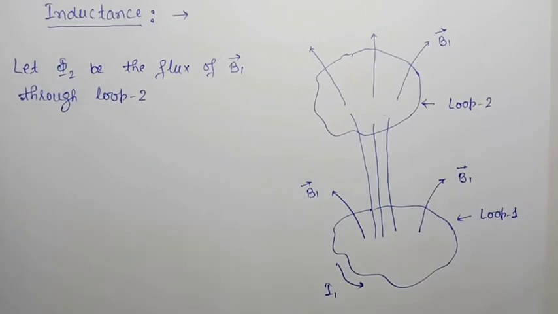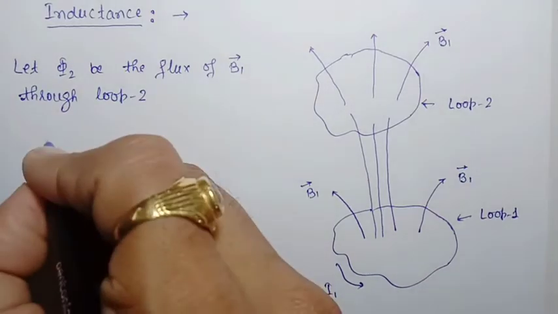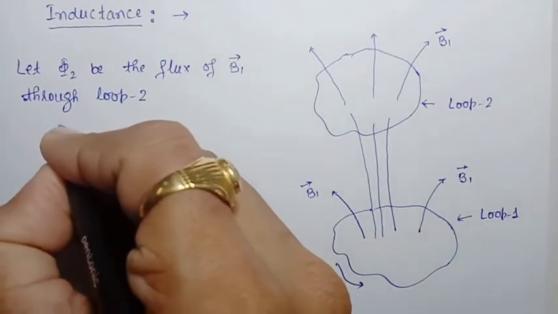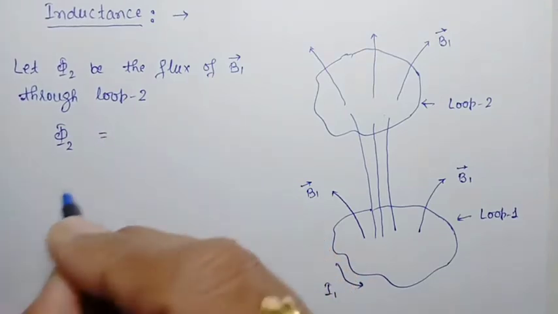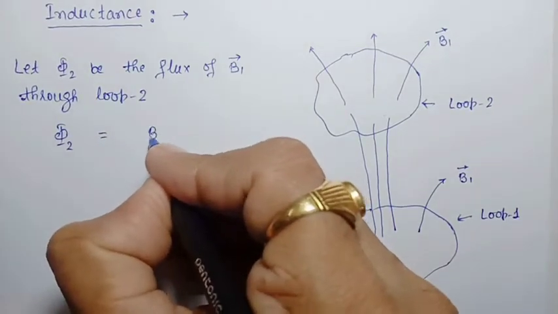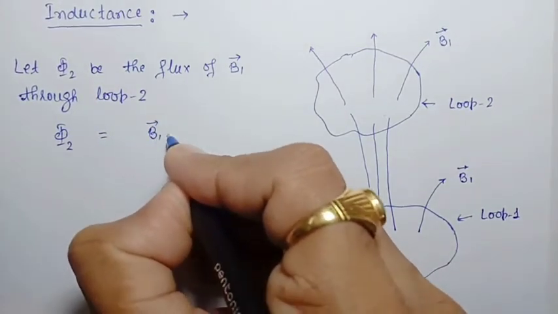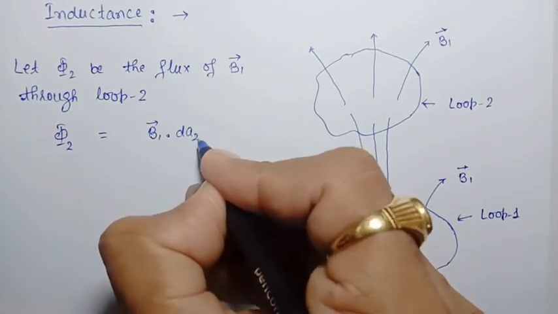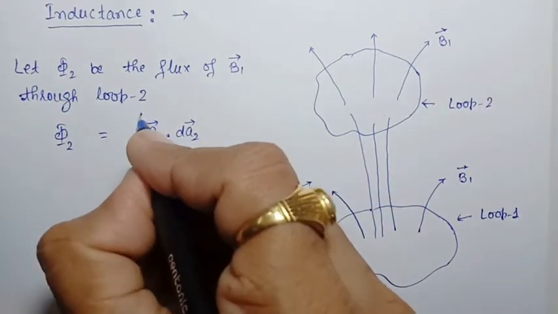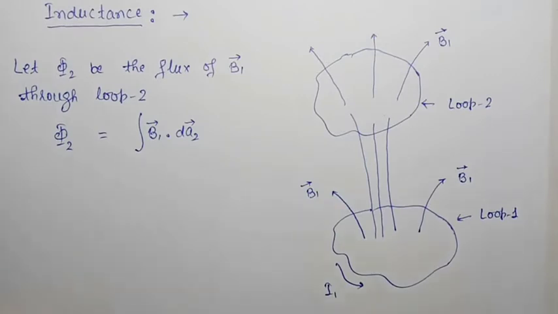So when phi 2 is the flux of B1 through loop 2, then phi 2 is equal to the integral of B1 dot dA2, where B1 is the magnetic field.